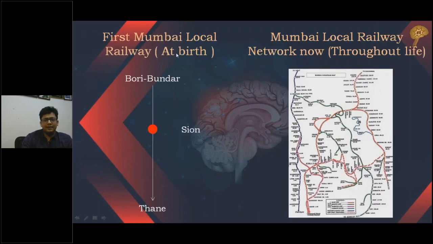I will give you a short example. When the local trains in Mumbai started, at the birth of the Mumbai railways, there were only 3 stations. The train used to start from Boribandar and end at Thane, and it had a junction in Sion. So it has a one-way synapse, and that happens to ourselves when we are at birth. Only one-way connection. But as we grow and learn a lot of tasks with our experiences, you can see the present scenario of the Mumbai local railway network.